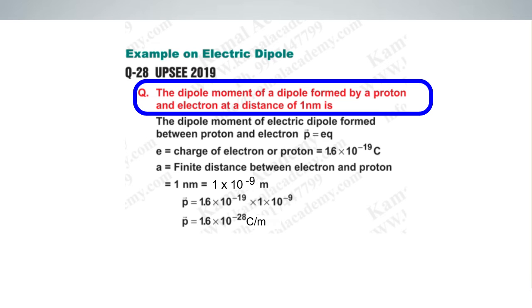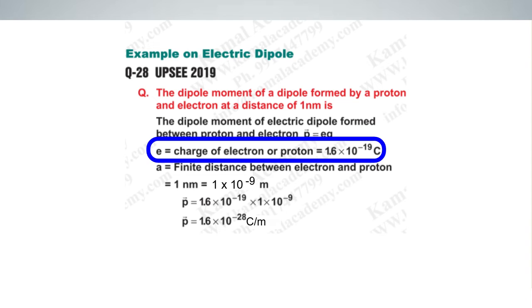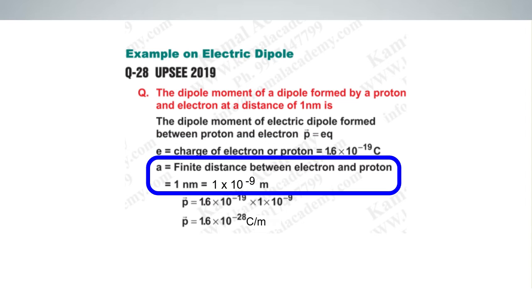So electric dipole moment, which is a vector directed from negative to positive charge, is the product of one of the charges and the finite distance between them. So charge of electron or proton is 1.6 into 10 minus 19 coulombs. In the question, the finite distance between electron and proton is 1 nanometer, which is 1 into 10 minus 9 meters.